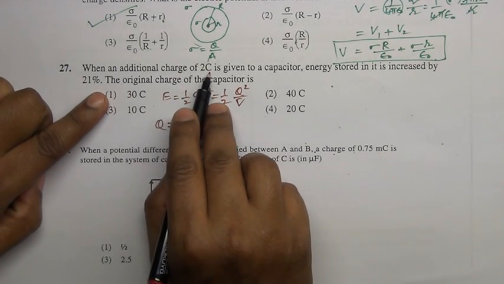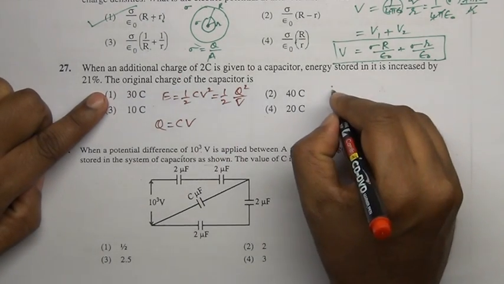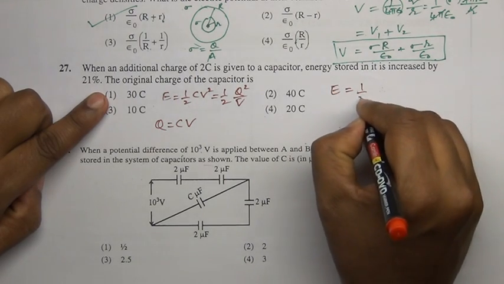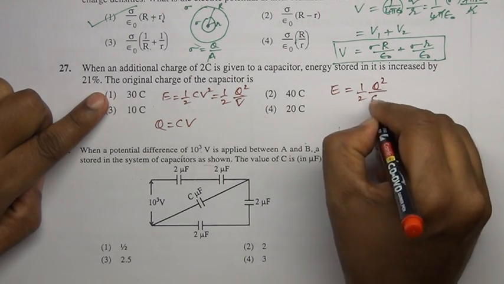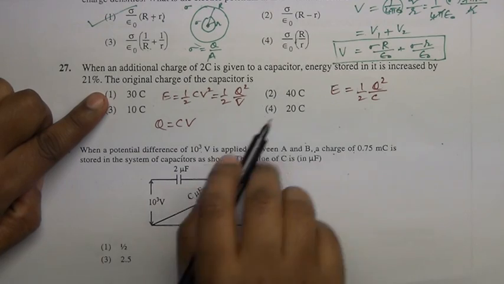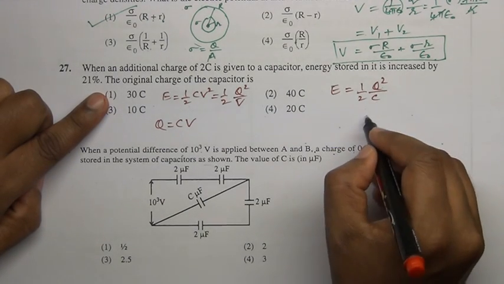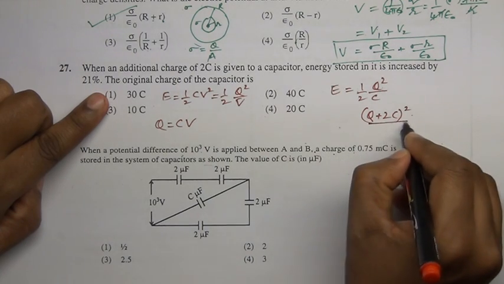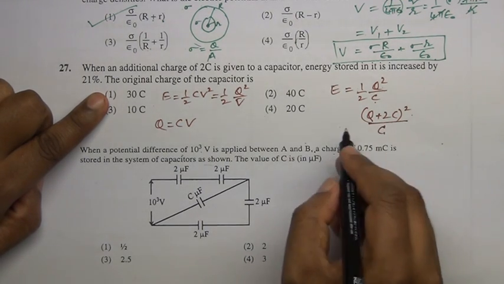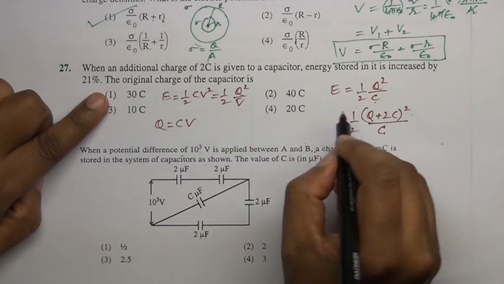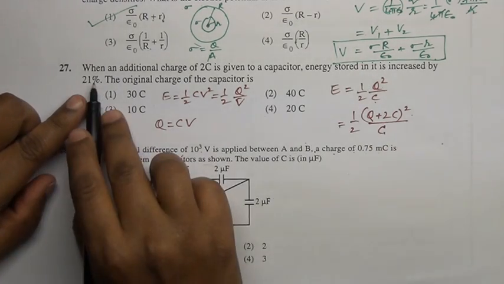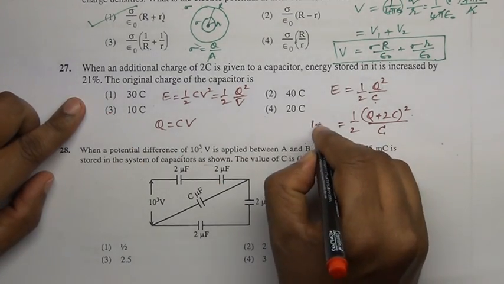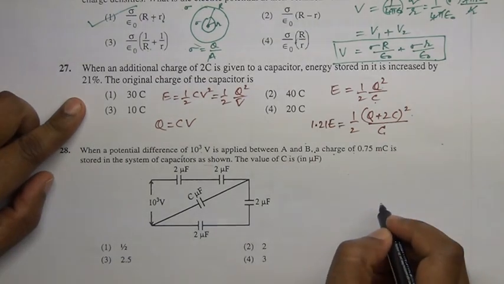Additional charge of 2C is given. Let us consider E equal to half q square by C. Additional charge is given means (q plus 2C) square divided by C into half equals increases the energy by 21%. It is 1.21 times E.